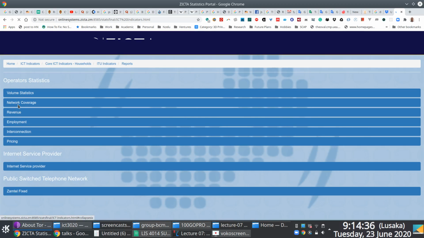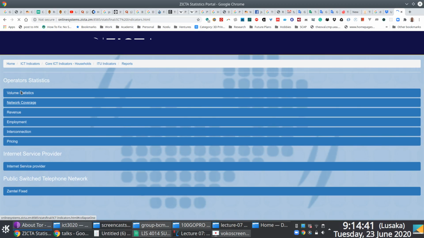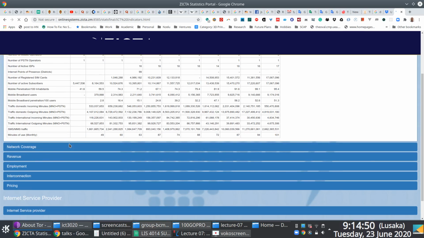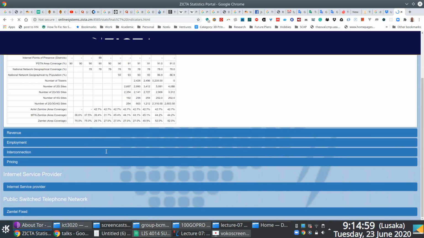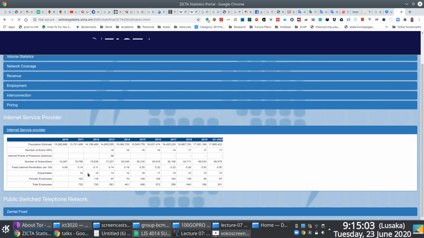Right, so if we go to, is it network coverage? I don't know. I'm looking for market share here, but volume statistics, indicators, pricing. What the hell? Volume statistics, employment. It should be network coverage, I guess. I actually thought that they kept track of this. This is stupid.